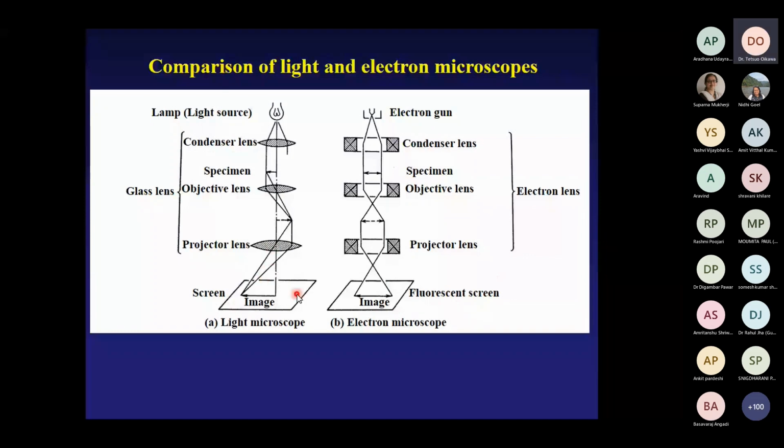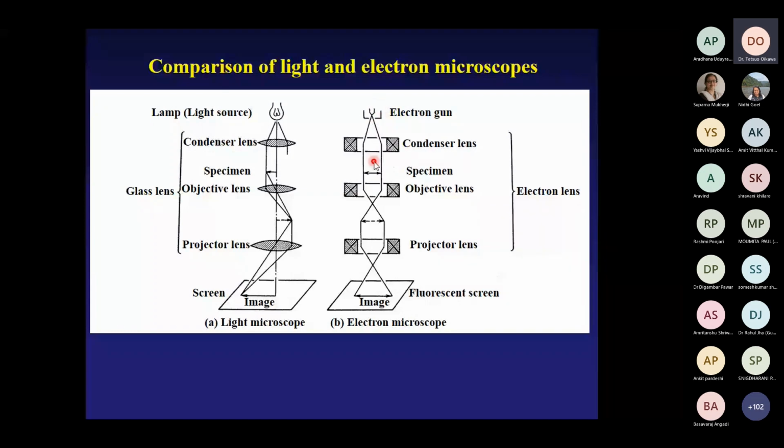In a similar way, in the electron microscope the source is not light but electrons. Here we call it the electron gun, but recently we call it the electron source, because a gun is a dangerous tool and gives a bad impression in human society. Electrons are generated from the source, and simultaneously the electron wave is generated.